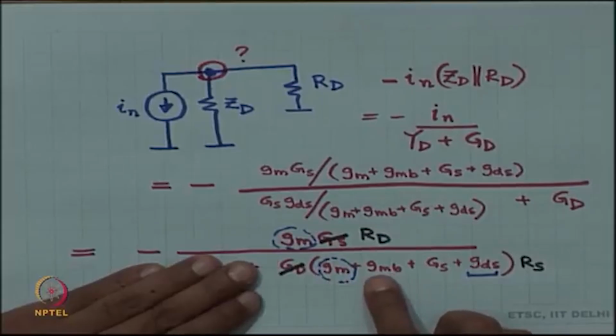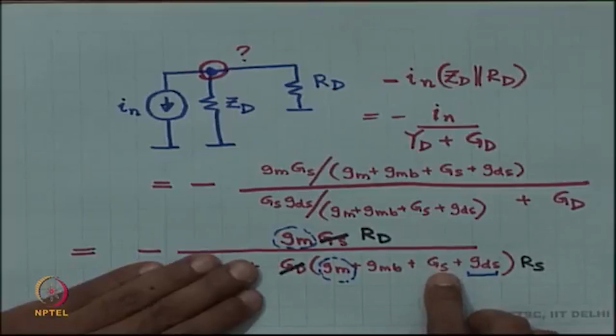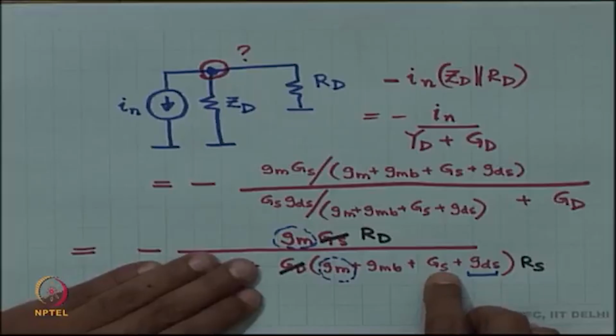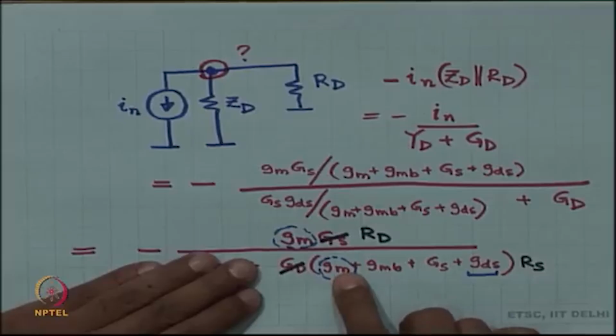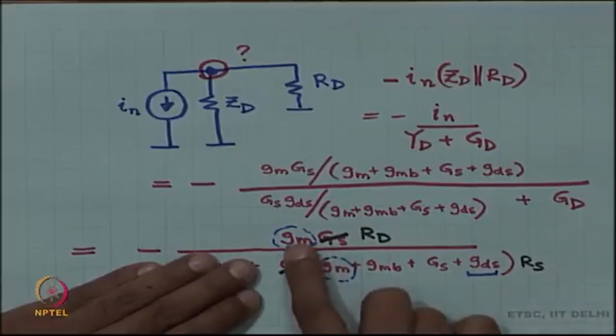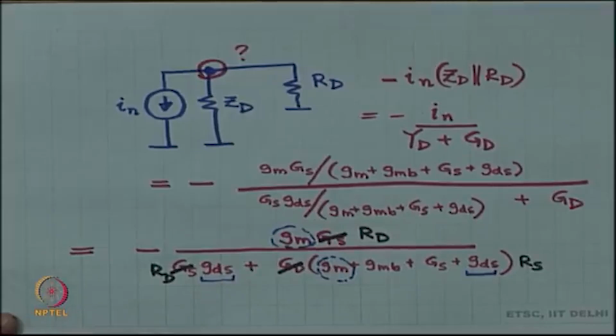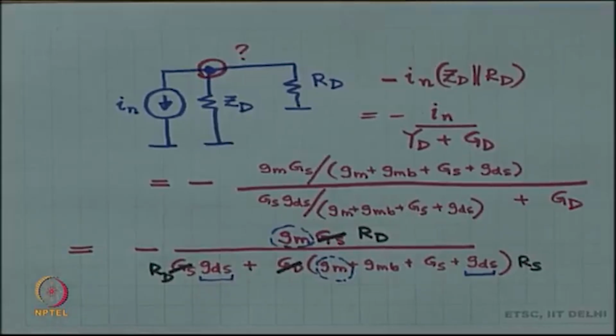let us forget G m b and let us say that G m is much larger than G s. After all, G s is in your own hands. Okay. So, let us make G m the dominating factor over here, in which case the entire denominator is going to become G m times R s. The numerator is only G m times R d, thrown out. So, what do you get?